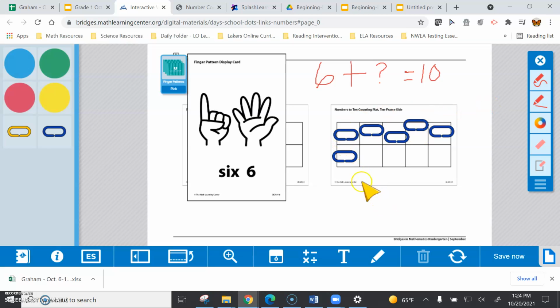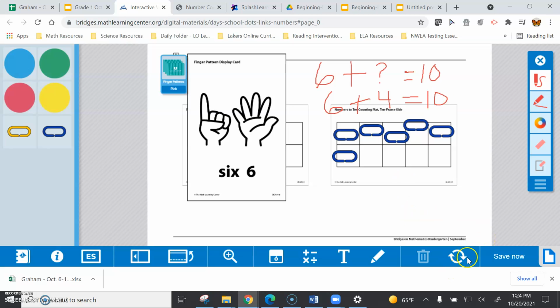We have 6. Let's see if we can add on from that 6. 7, 8, 9, 10. So if we counted, how many boxes would that be? 1, 2, 3, 4. So we just learned 6 plus 4 equals 10.